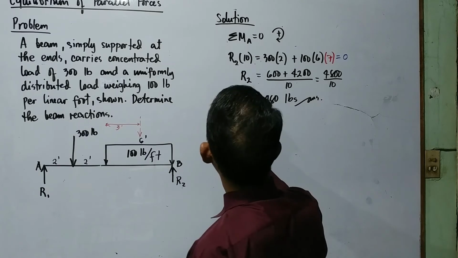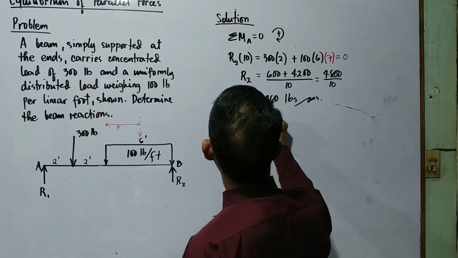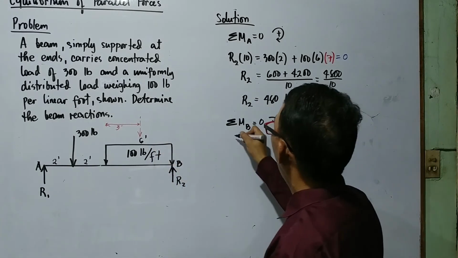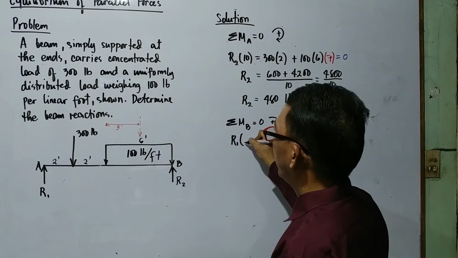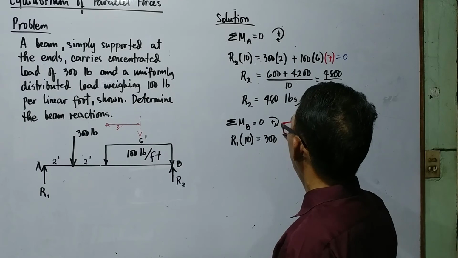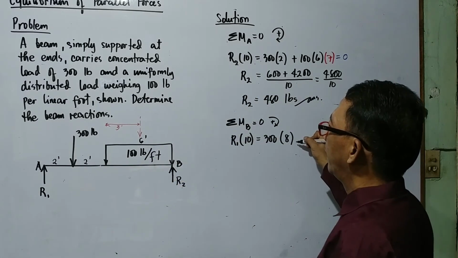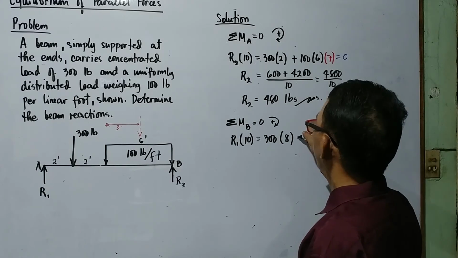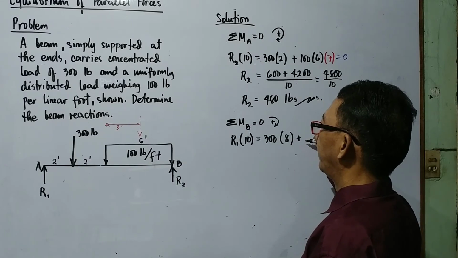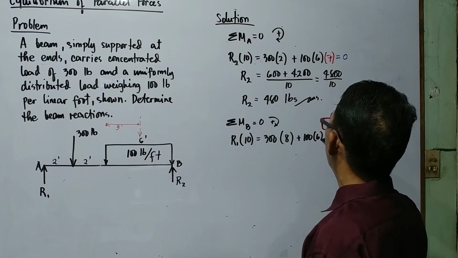For the summation of moment at B equals 0, consider clockwise to be positive. So we have R1 times 10 equals 300 times the distance, which is 8, plus 100 times 6 times 3.